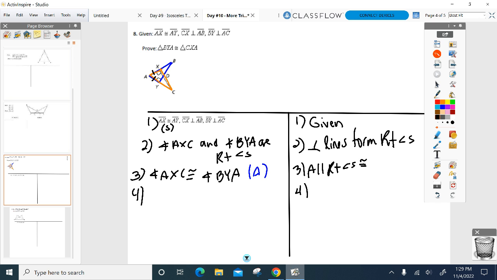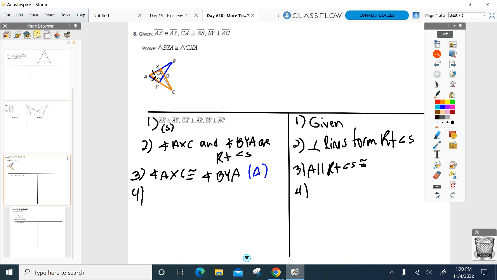No? Triangle BYA, triangle CXA. I think they have something in common. Not going to let you give up. There is something in common that both have, either a side or an angle up there that they both have in common.